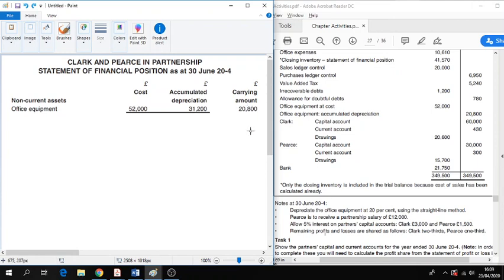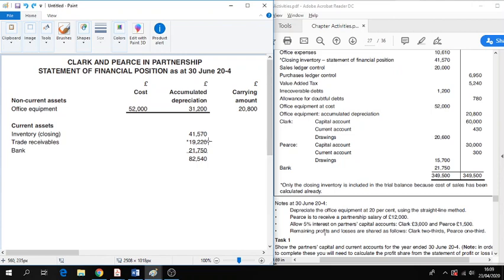Second category is current assets, and I've just put those three in together. We've got closing inventory, which is there, 41,570. The second is trade receivables, and I think in the previous video I didn't refer back to allowance for doubtful debt, so I'm going to make that clear here.